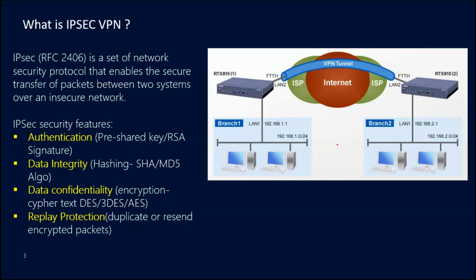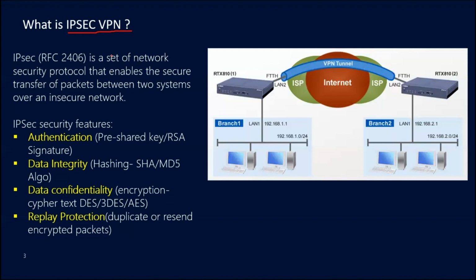Okay, so now we will learn what is IPsec VPN. As the name indicates, IPsec means Internet Protocol and Sec is security. When we provide security over the IP protocol, that is known as IP security. For this you have to learn the OSI model.